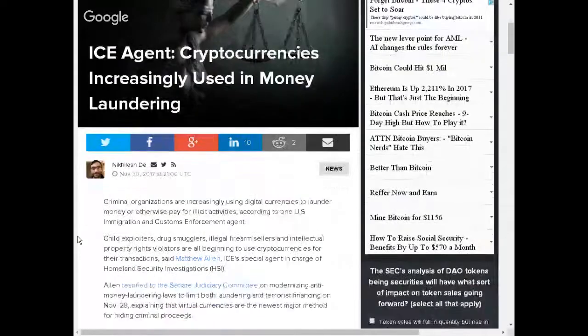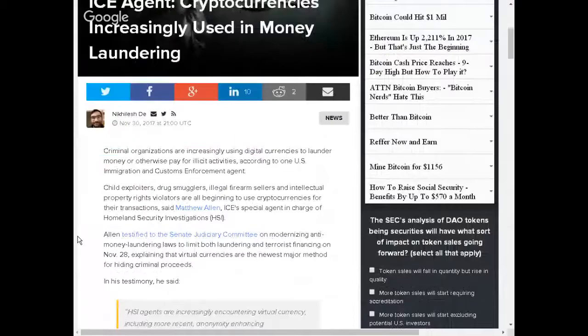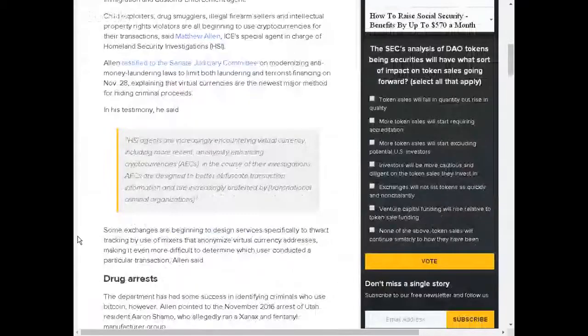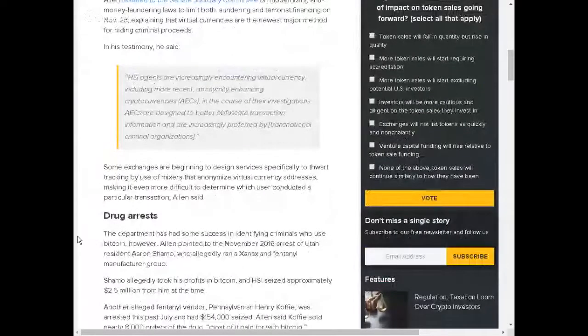And then go ahead and read the rest of it. Let me read some of the quotes here. HSI agents are increasingly encountering virtual currency, including more recent anonymity-enhancing cryptocurrencies, or AECs, in the course of their investigations.